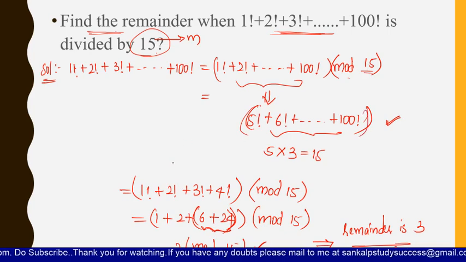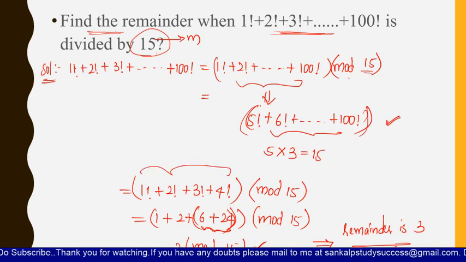Now you will be left with only the series 1 factorial plus 2 factorial plus 3 factorial plus 4 factorial. If you write these values, 1 plus 2 plus 6 plus 24, 6 plus 24 is nothing but 30. 30 is exactly divisible by 15, right?